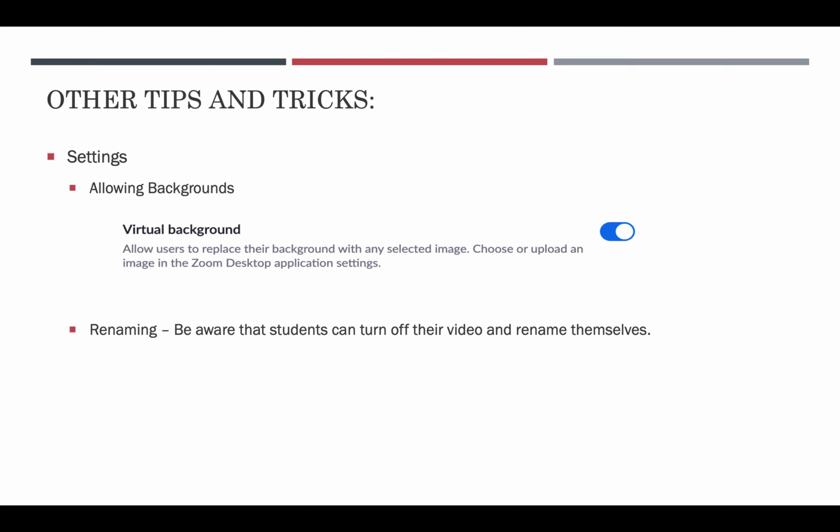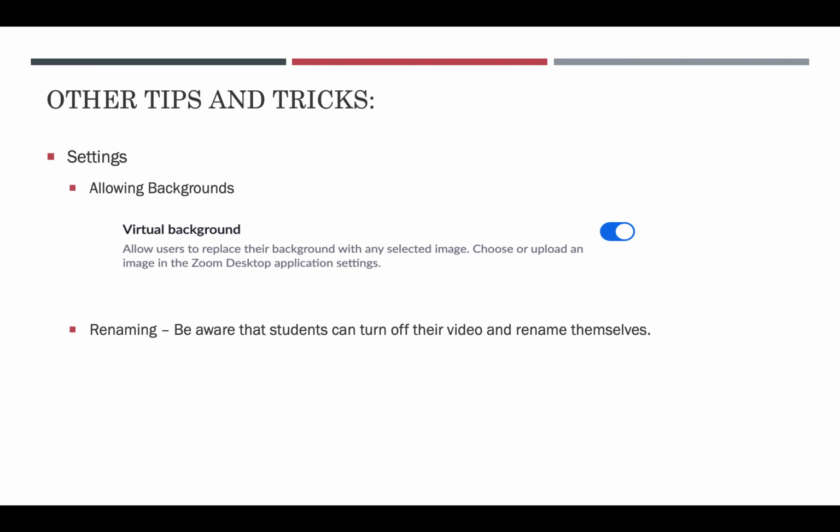And we have seen cases where someone has used an offensive image, so it's up to you whether you want to let them use a virtual background, and you can manage that in the settings of your meeting, which we covered in the first webinar.